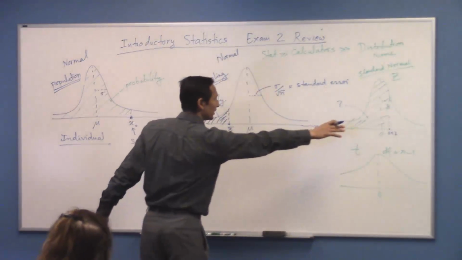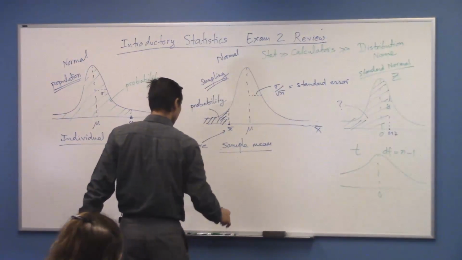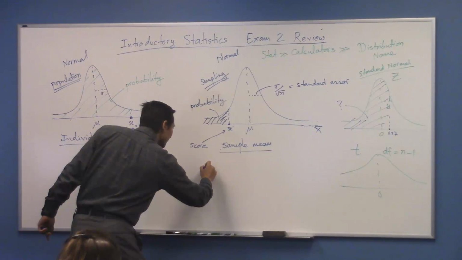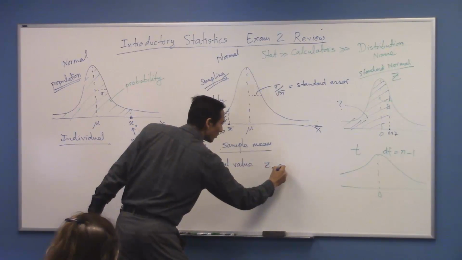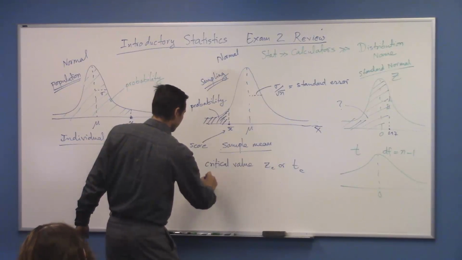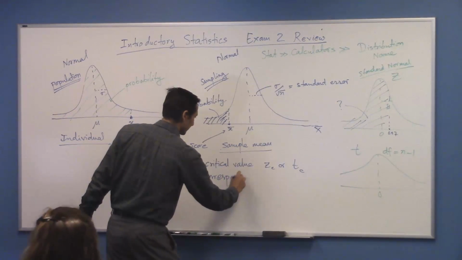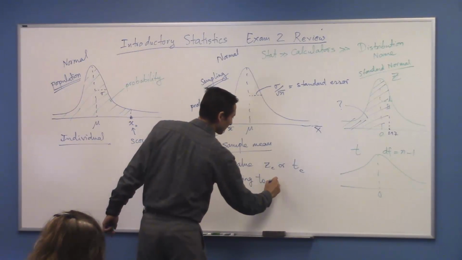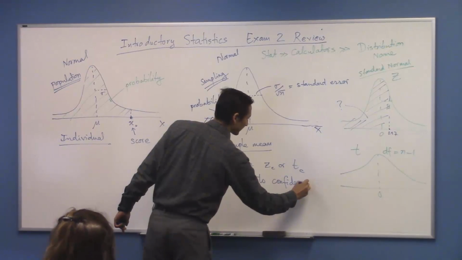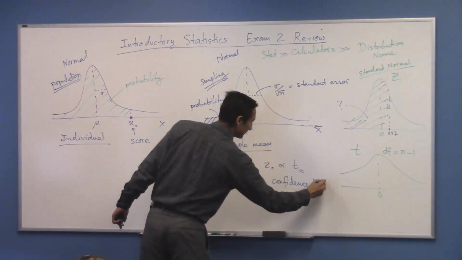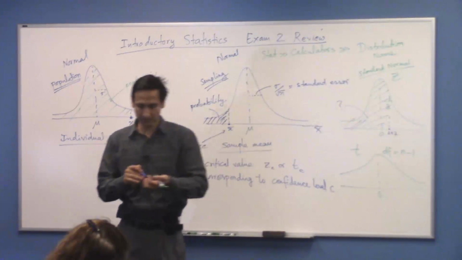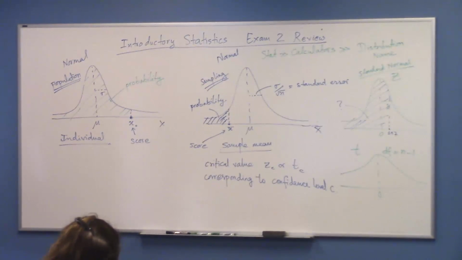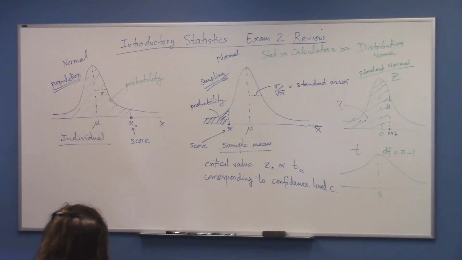Whether we use a z distribution or a t distribution, we need to compute critical values, either zc or tc, corresponding to a confidence level C. What that means is the middle area is C. So for example, let's look at this critical value, problem number 46 here.